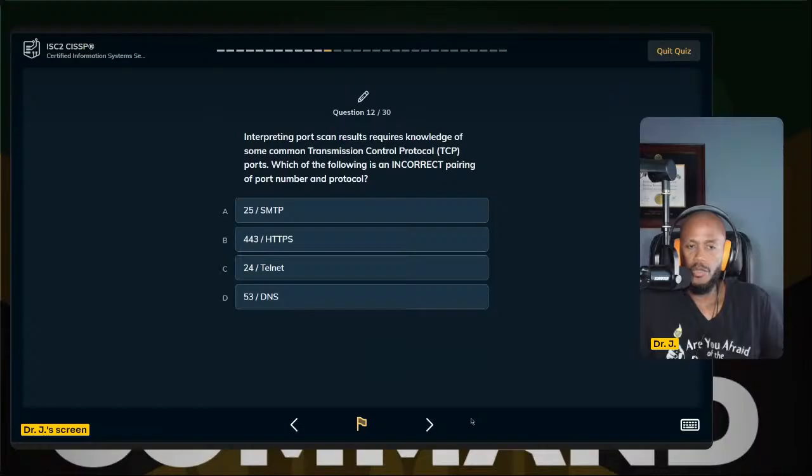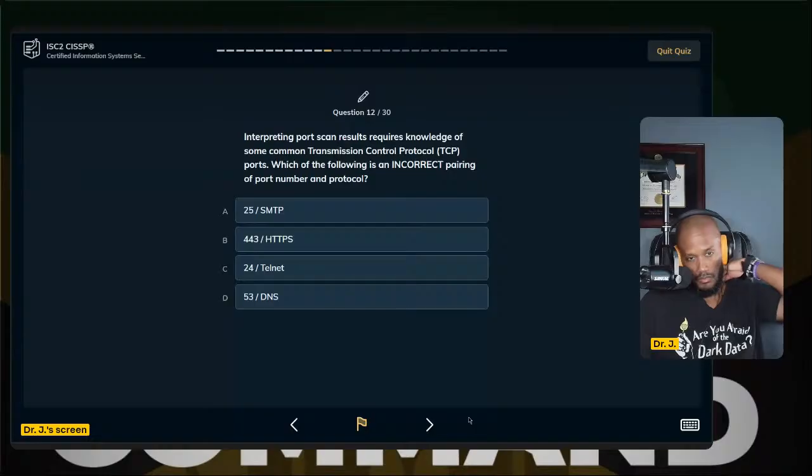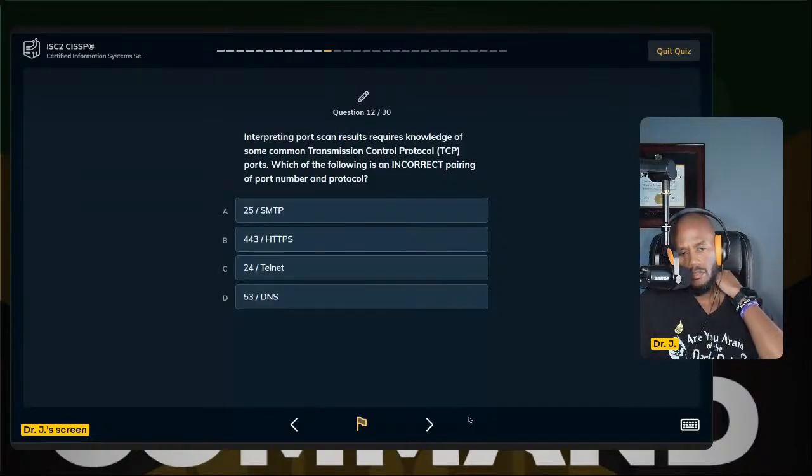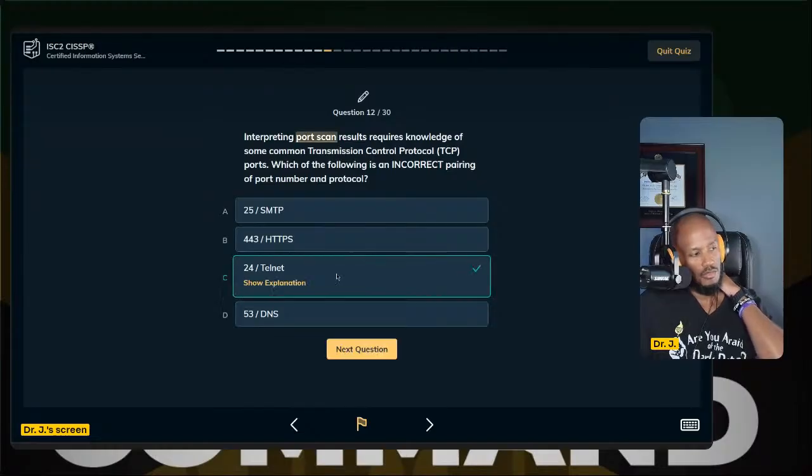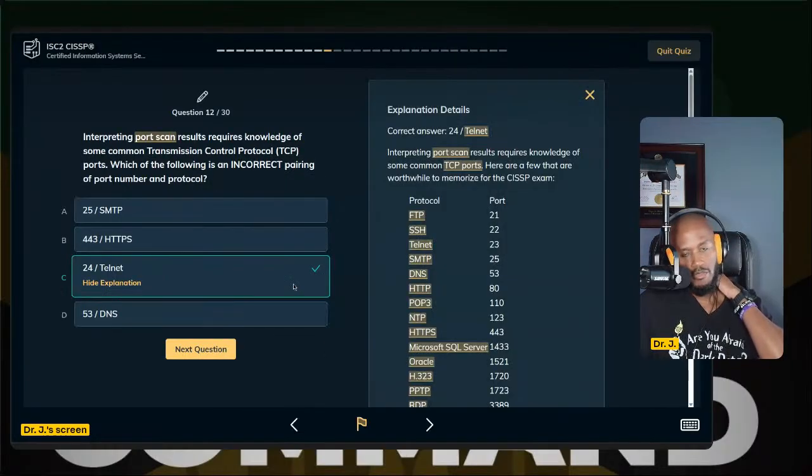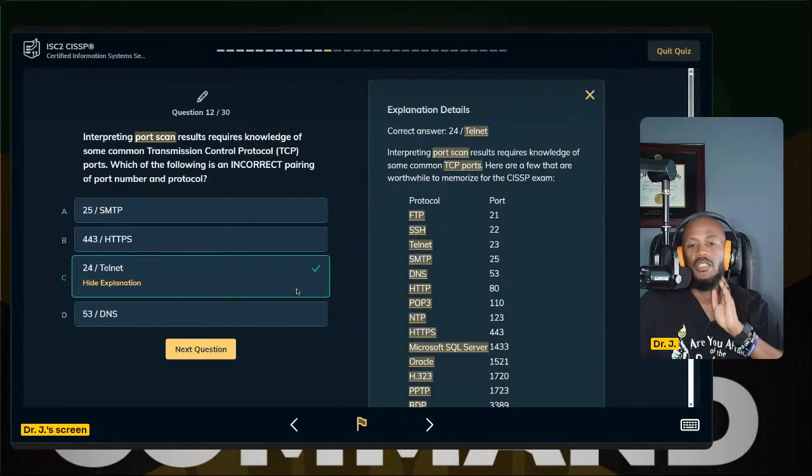Interpreting port scan results requires knowledge of some common TCP ports. Which of the following is an incorrect pairing of port number and protocol? Telnet should be 21? I think Telnet is 23. 21 is FTP. Yeah, FTP 21, 22 SSH, Telnet's 23.